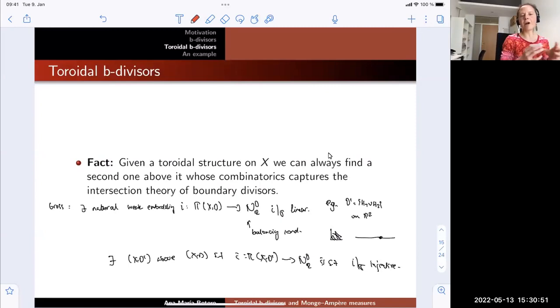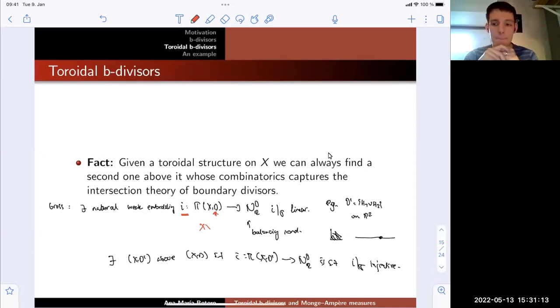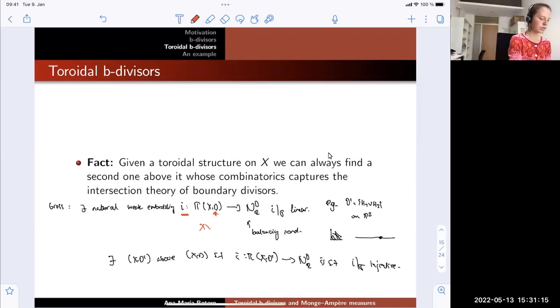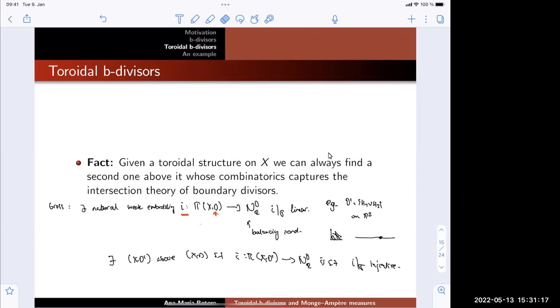You're enlarging your toroidal boundary. There's always the same X. You're just modifying the D. So you make the U smaller. Exactly. You're adding boundaries. Yes? Yeah, I see. Thank you.